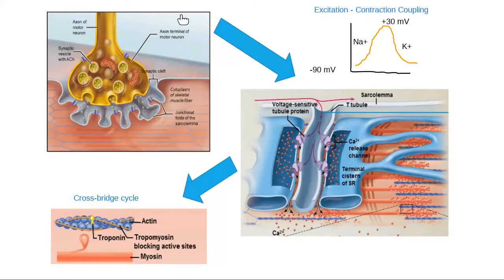And when we're up here at +30, our cell realizes, oh my gosh, I'm supposed to be -90. I'm +30. This is not good. I'm going to open up my voltage-gated potassium channels so that I can get my membrane charge back to -90. Get me back to where I belong.